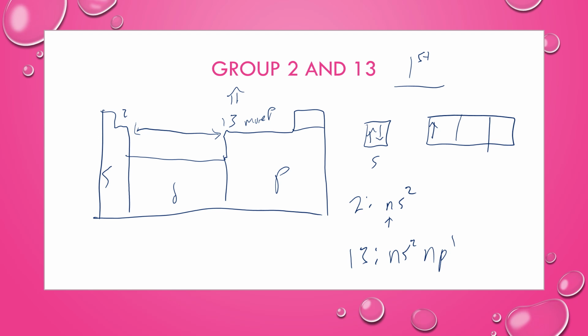The more protons, you would assume a stronger pull on the valence shell and therefore more energy required to remove an electron. But there's a slight discontinuity here because of the existence of these sublevels. It is actually just a little bit easier to remove an electron from the p sublevel than from the s sublevel. So the first ionization energy for group 13 winds up being just a little bit lower than for group 2 elements in the same period because of the sublevels.